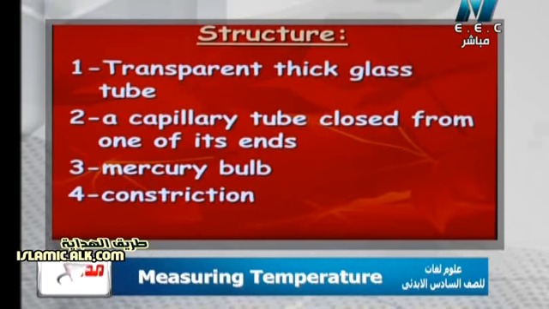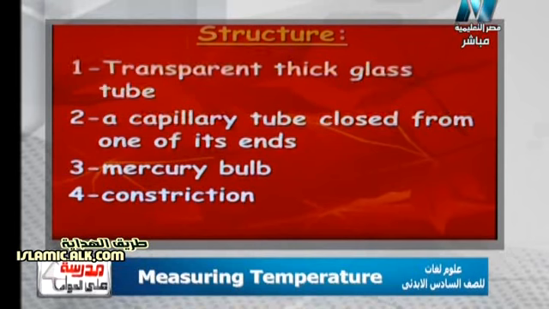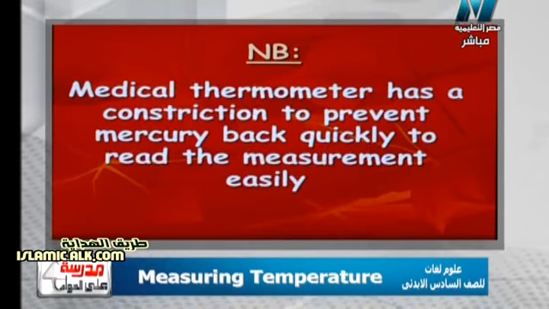Again, it consists of four main parts: transparent thick glass tube, capillary tube closed from one of its ends, mercury pulp and constriction.